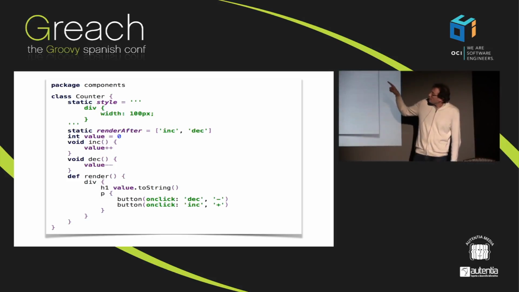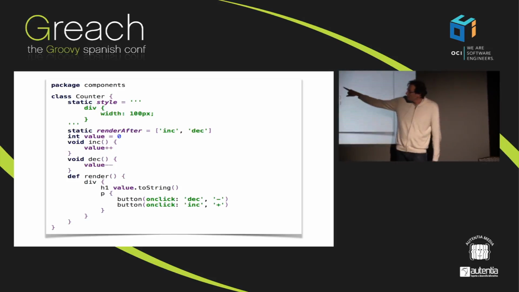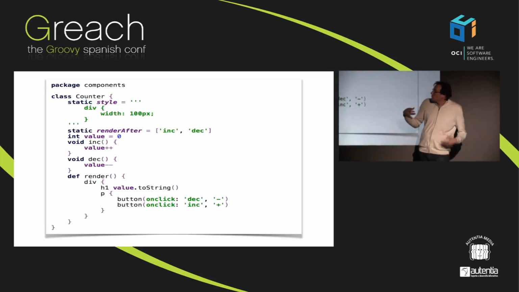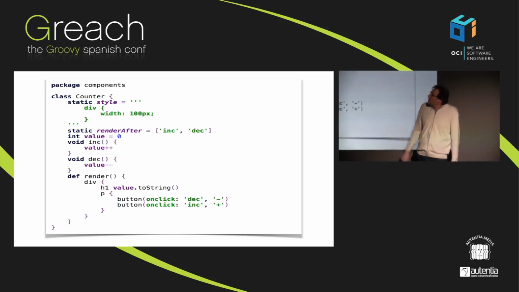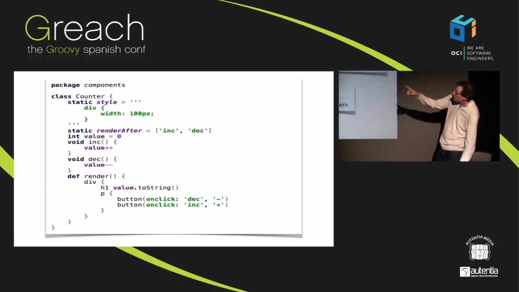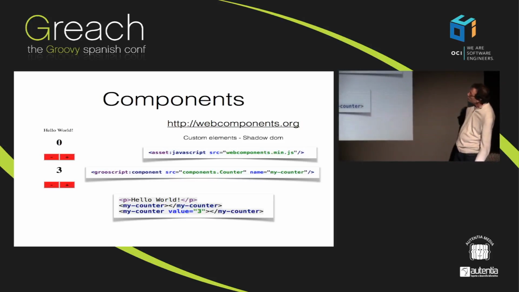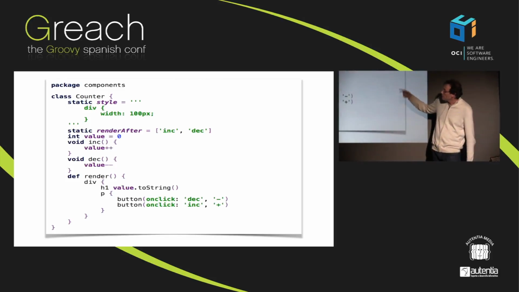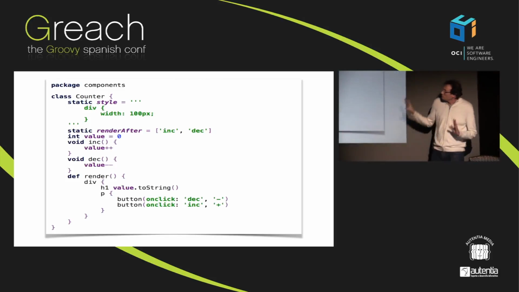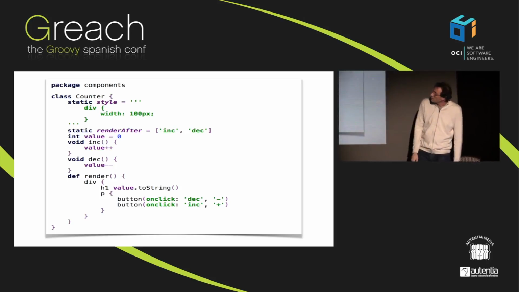Maybe you want to render after something happens, because the render method is called when the component is drawn, and later if you want to render again, for example, you see the component on the left, I click on plus, so I increment the counter, so I redraw again and again. You don't have to add any annotation or anything, it's just a Groovy class.